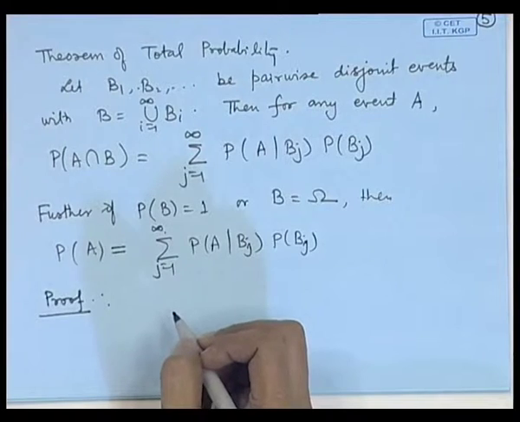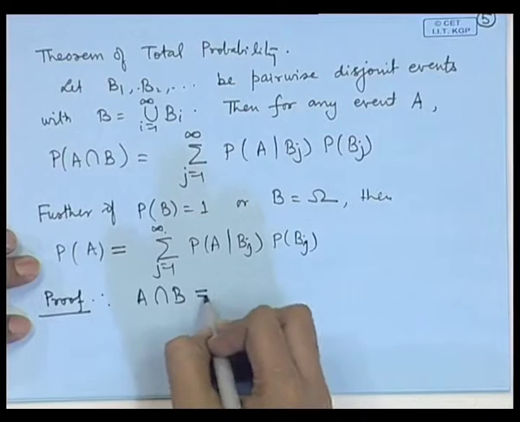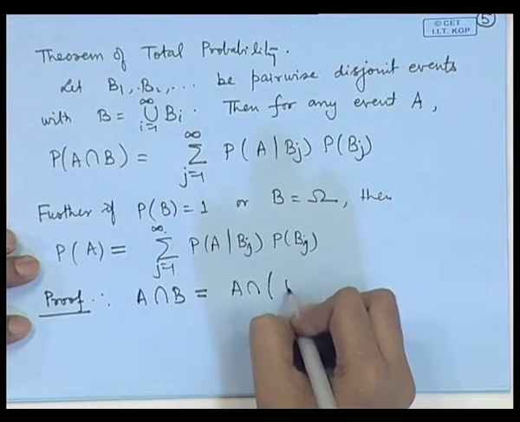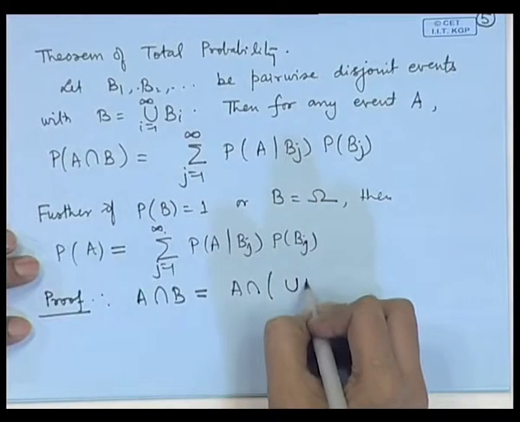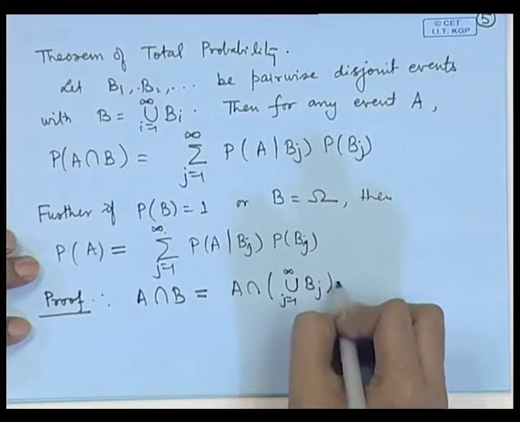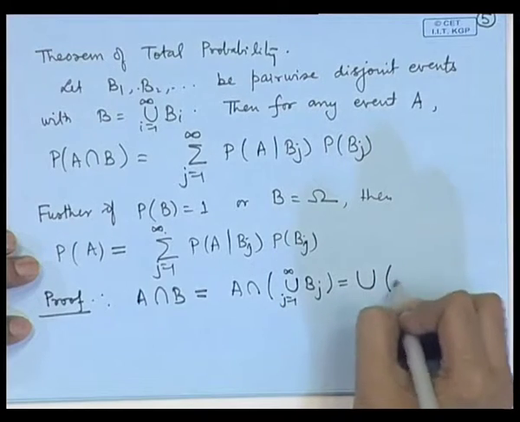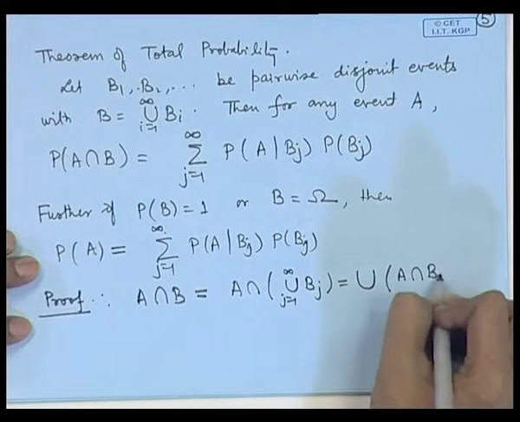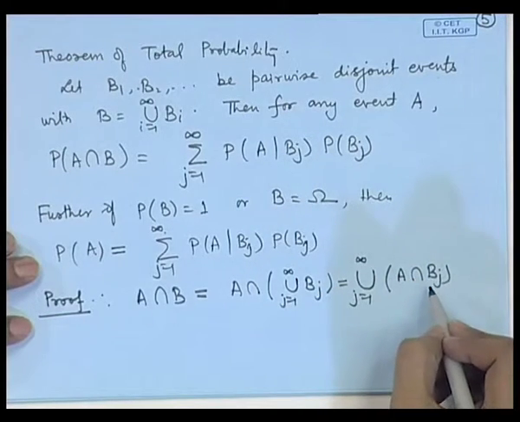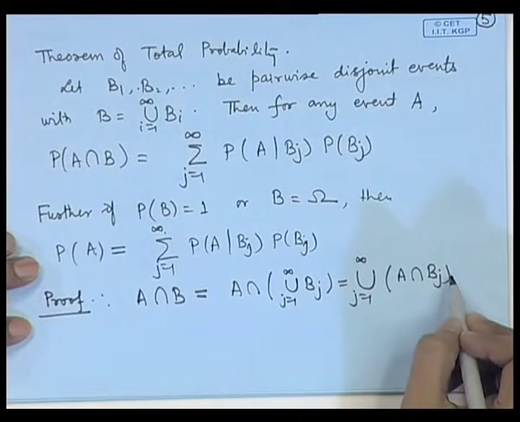So, consider A intersection B. Now, A intersection B can be written as A intersection, and the representation for B is union of B_j, j equal to 1 to infinity. By applying the distributive property of unions and intersections, we can write it as union of A intersection B_j, j equal to 1 to infinity. Now, we notice here that B_j's were pairwise disjoint sets.